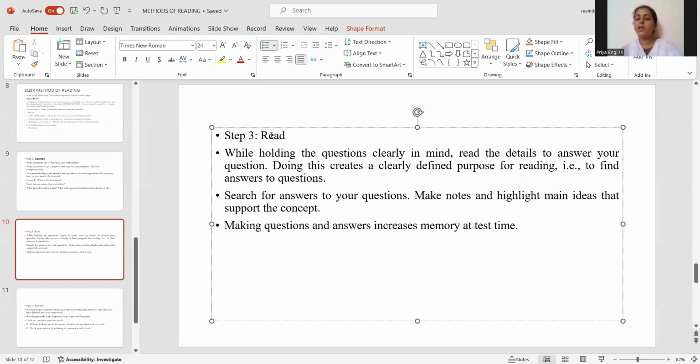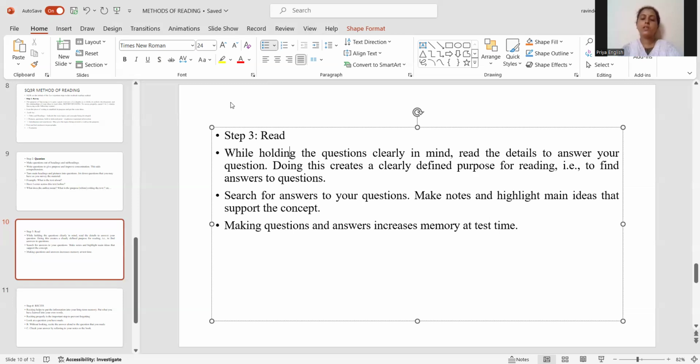Doing this creates a clearly defined purpose for reading, that is, to find the answers to the questions. You have the questions already framed in your mind, and as you gradually read the text, you find the answers to your questions. So search for answers to your questions. You can make notes for yourself, and you can highlight main ideas that support the concepts.